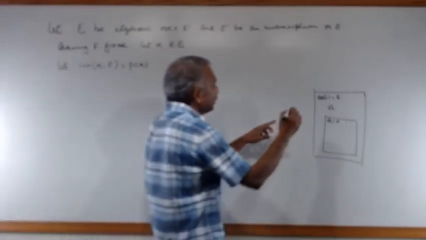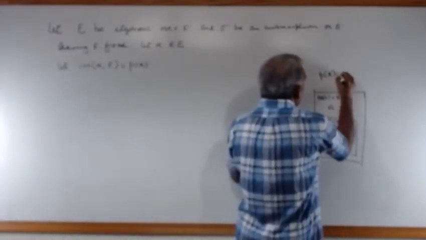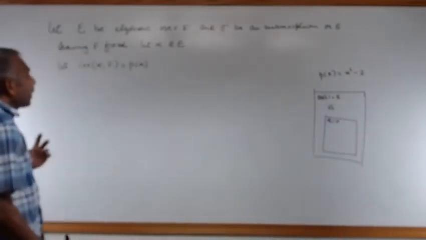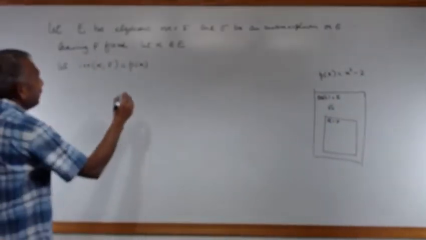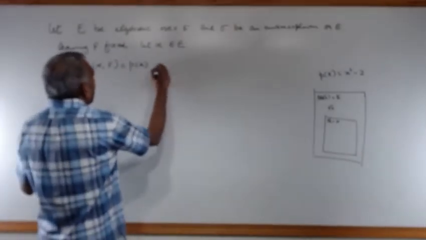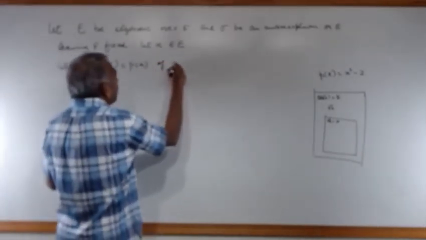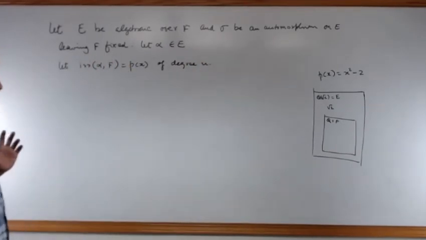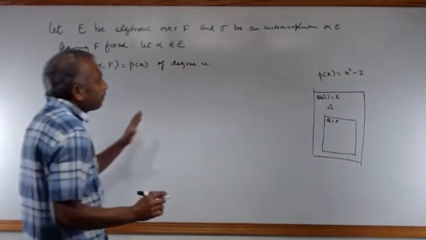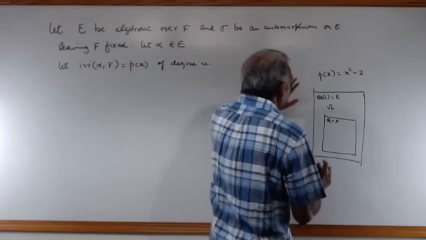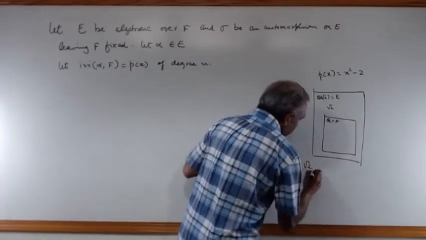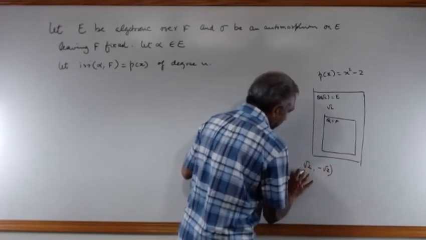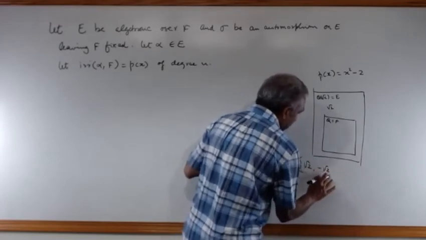Here the p of x is going to be x square minus 2. So what are the zeros of this? Root 2 and minus root 2. These are the zeros of the irreducible polynomial.